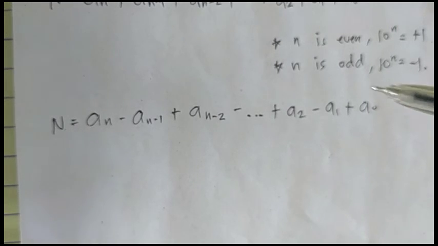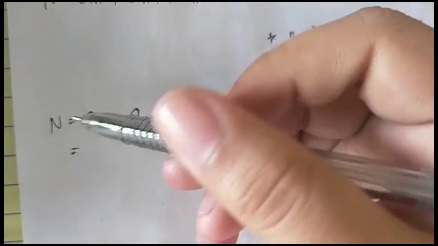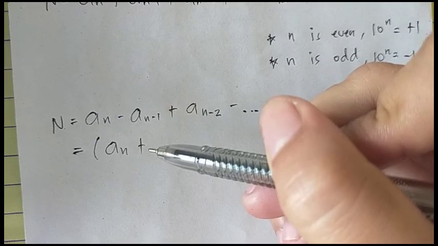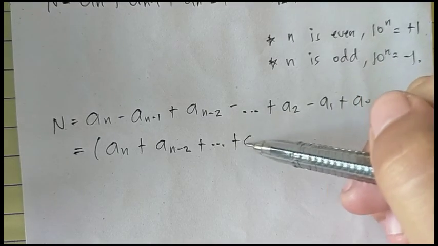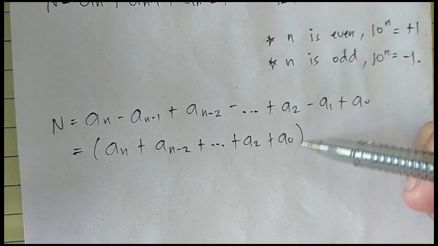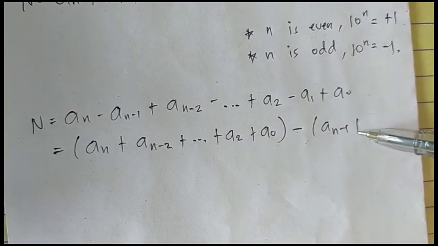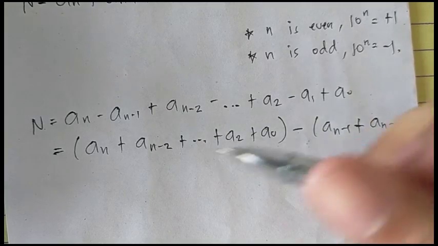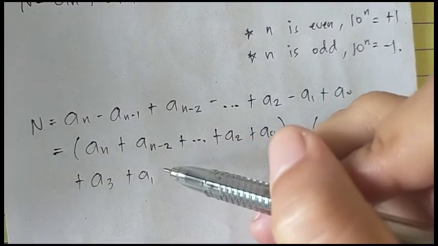So we are going to equate this one. We have a sub n plus a sub n minus 2 plus dot dot dot plus a sub 2 plus a sub 0 minus a sub n minus 1 plus a sub n minus 3 plus dot dot dot plus a sub 3 plus a sub 1.